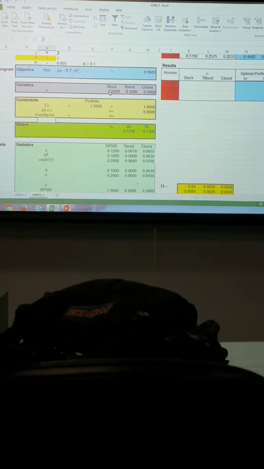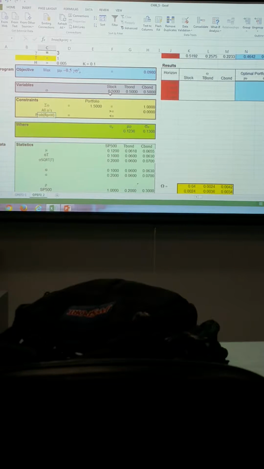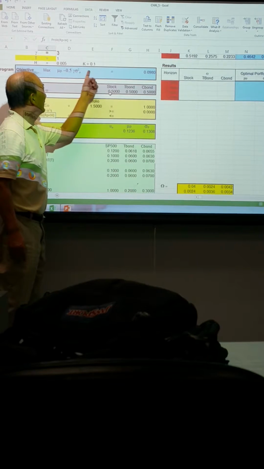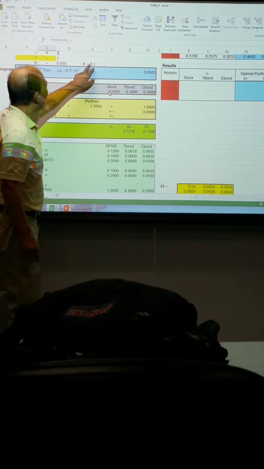So we want the probability that the return on portfolio is less than or equal to H, is less than or equal to what? K, correct? Why did I put K in?